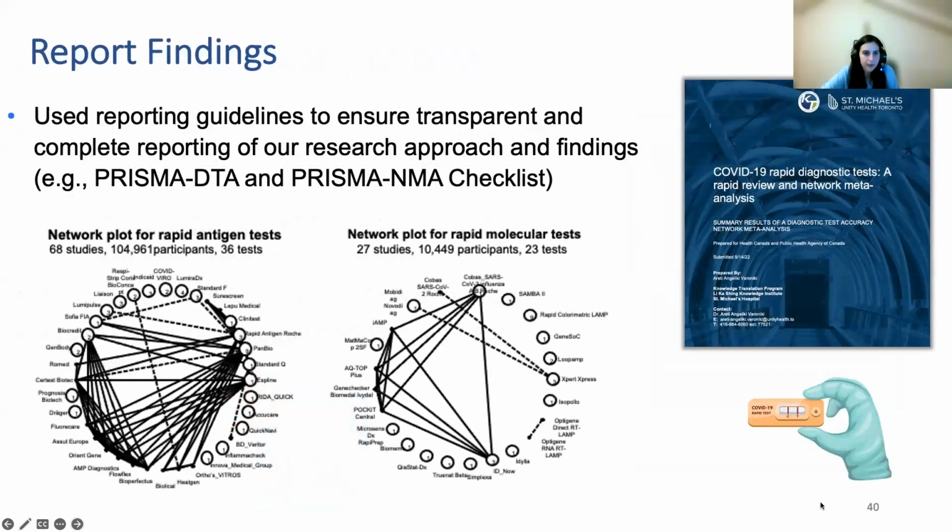And our results were reported using reporting guidelines to ensure transparency and completeness of reporting. These are the 2 network plots: on the left side, we can see the network plot for rapid antigen tests, and on the right side, we can see the network plot of rapid molecular tests.